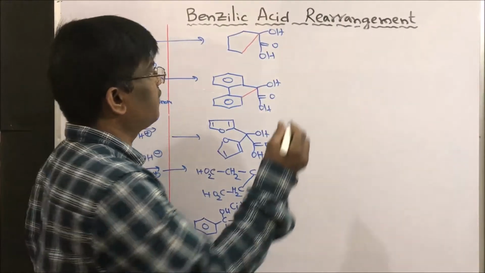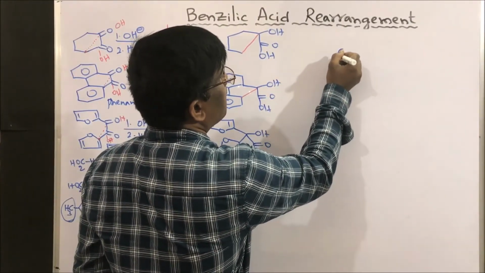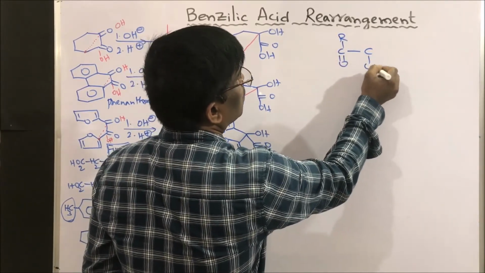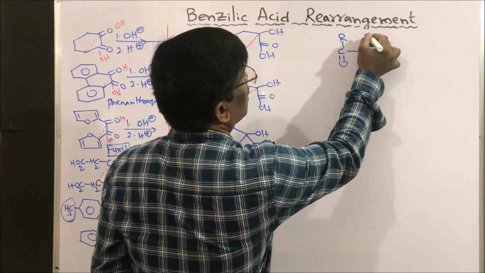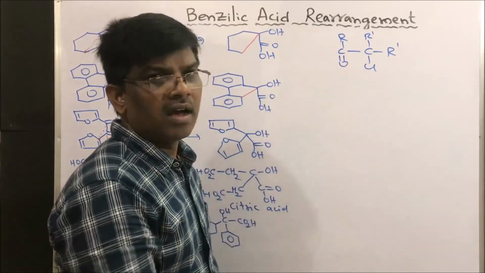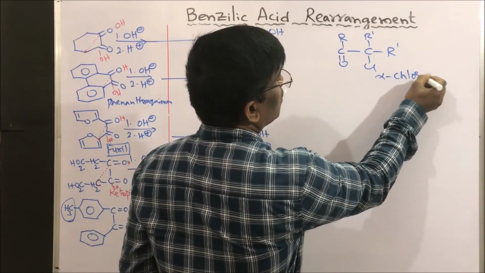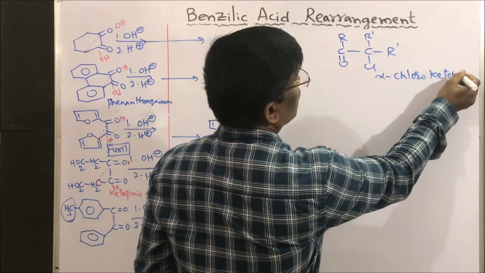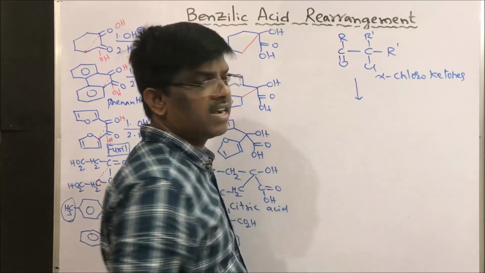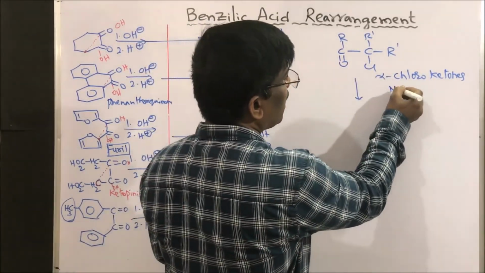For example, instead of taking diketones, if I take R, chloro, R and R prime. So this is an alpha chloroketone. Alpha chloroketones also undergo this, the condition is that these alpha chloroketones should not have alpha hydrogen.